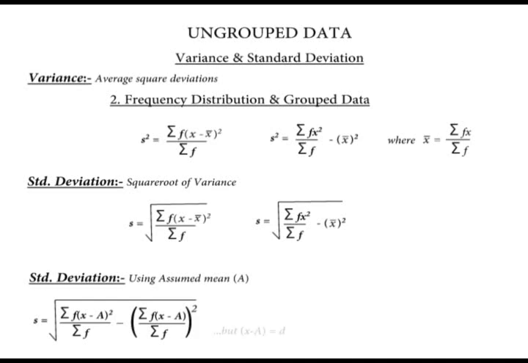But then, given that x minus a is equal to d, the standard deviation formula becomes the summation of fd squared over the summation of frequency minus the summation of fd over summation of f squared, the square root of whole.